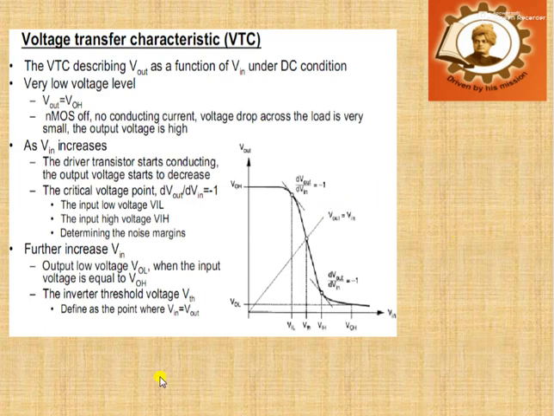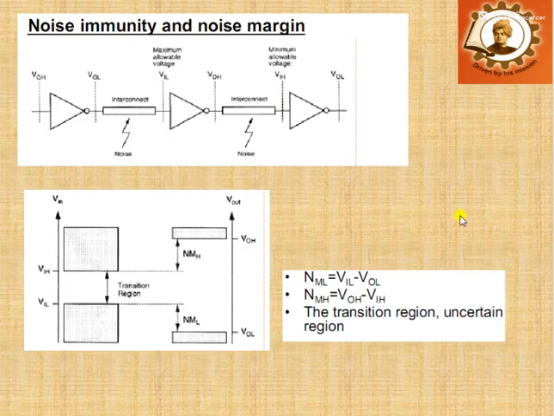So here VIL and VIH play a vital role in determining the noise margin of an inverter circuit. The ability of an inverter to interpret the input voltage as a logic 0 or logic 1 depends upon the noise immunity of the inverter. So the noise immunity is very important while designing our inverter.